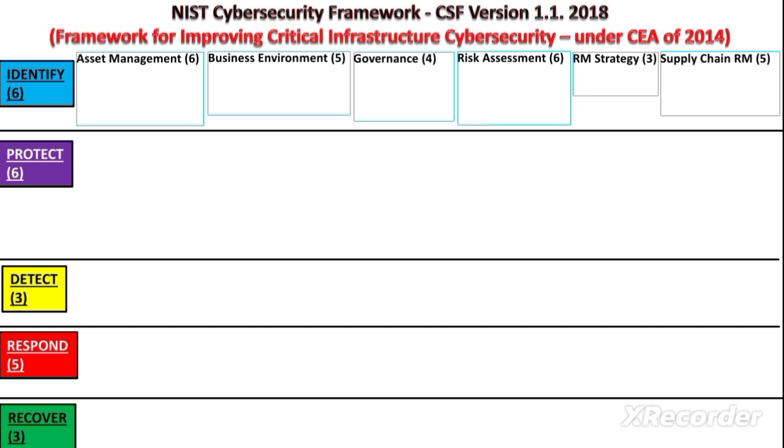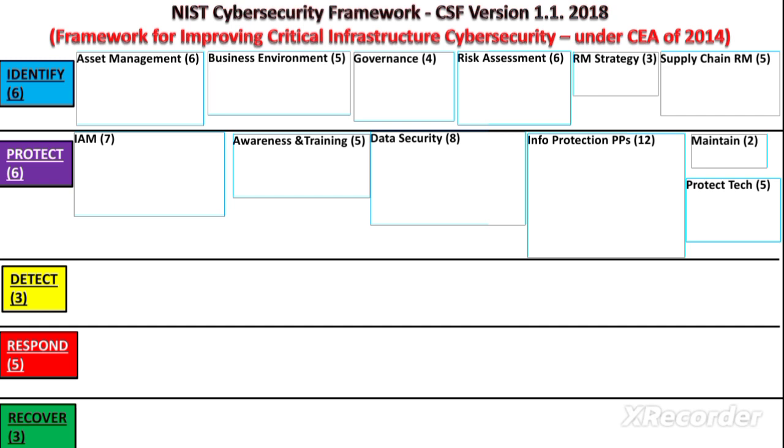Then in each of these categories, there are subcategories. For example, in asset management, there are 6 subcategories of security activities, and in business environment, there are 5, governance 4, and so on.